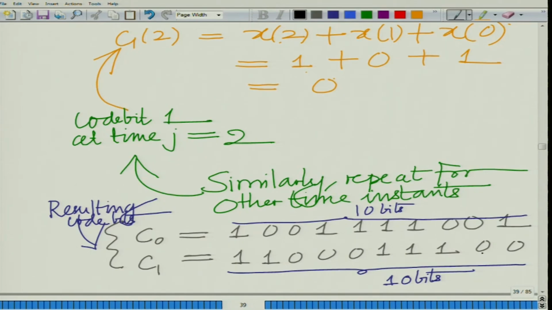You should be able to check that we have got the same coded output bits.